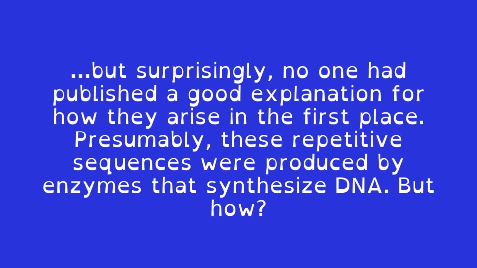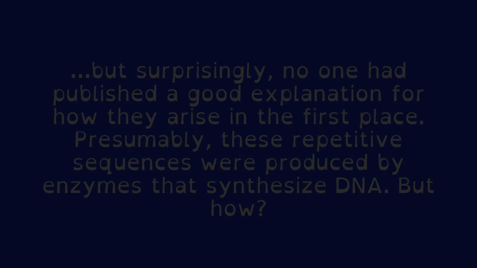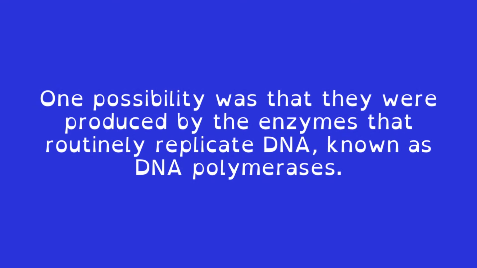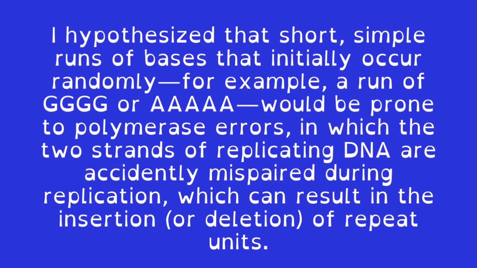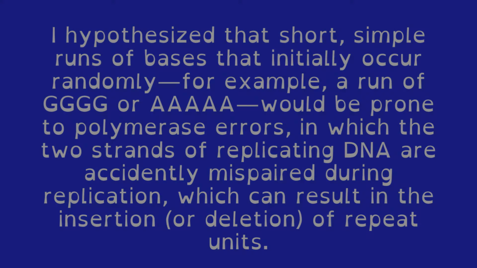Presumably, these repetitive sequences were produced by enzymes that synthesize DNA. But how? One possibility was that they were produced by the enzymes that routinely replicate DNA, known as DNA polymerases. I hypothesized that short, simple runs of bases that initially occur randomly, for example a run of GGGG or AAAAA, would be prone to polymerase errors, in which the two strands of replicating DNA are accidentally mispaired during replication, which can result in the insertion or deletion of repeat units.